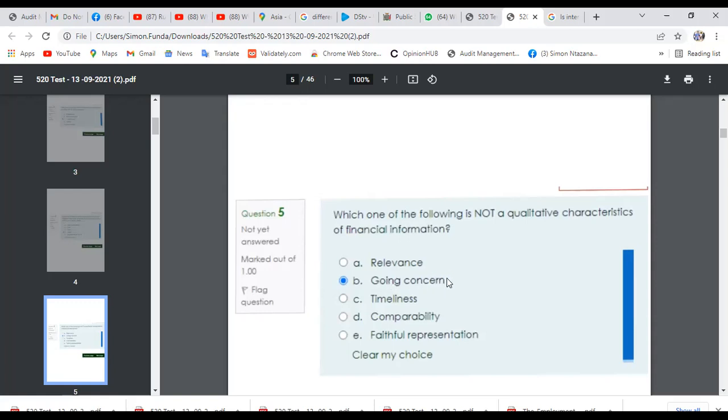So the idea is when we prepare financial statements, we should give assurance to the users that the company is going to last more than 12 months. It is still as a future, the foreseeable future, more than 12 months.